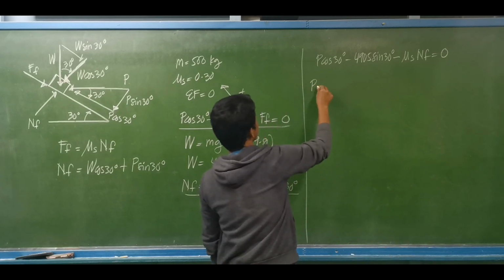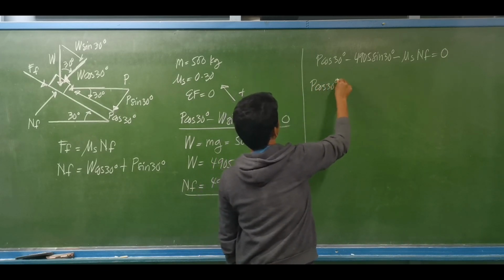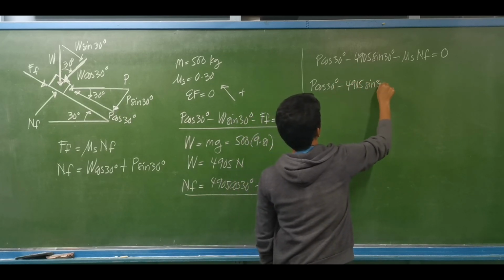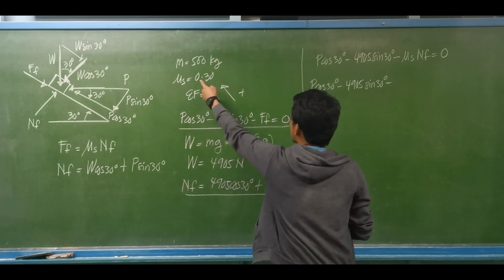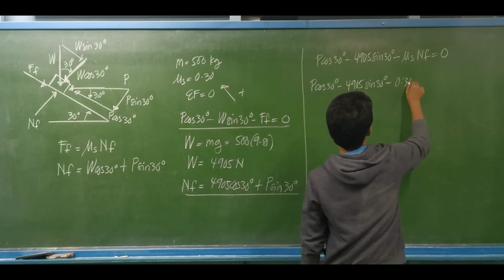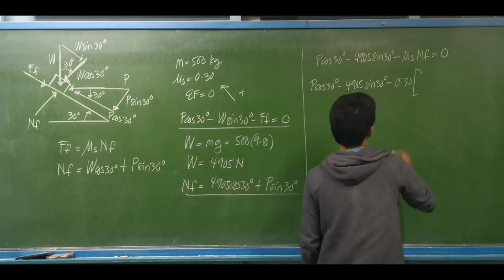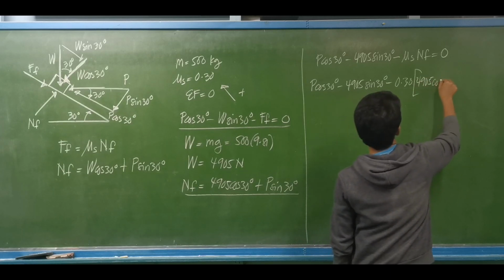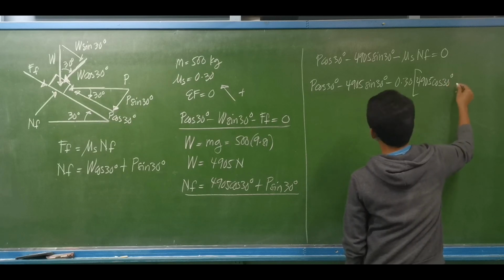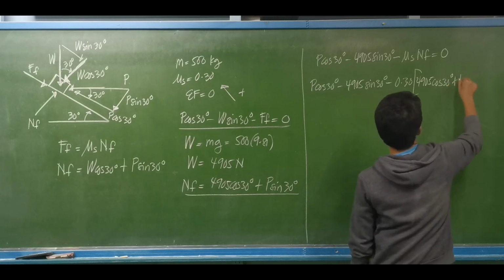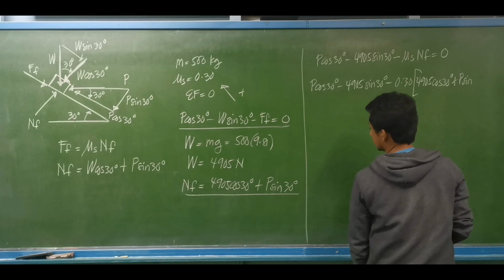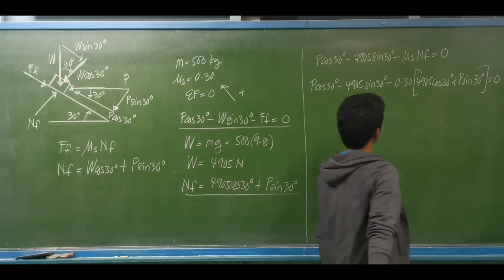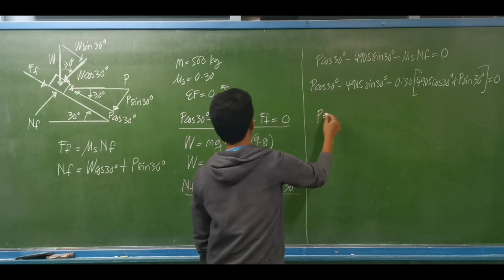So we have the force P cosine of 30 degrees minus 4,905 sine of 30 degrees minus the coefficient of static friction, we have 0.30. What's the equivalent of the normal force? 4,905 cosine of 30 degrees plus P sine of 30 degrees equal to 0. So let us compute for the force P.